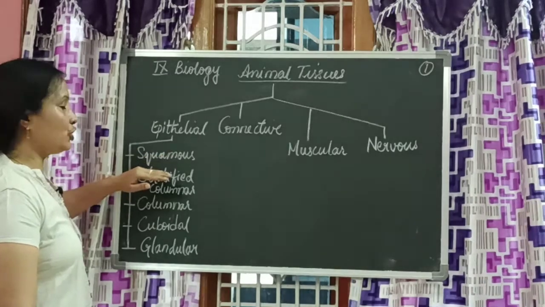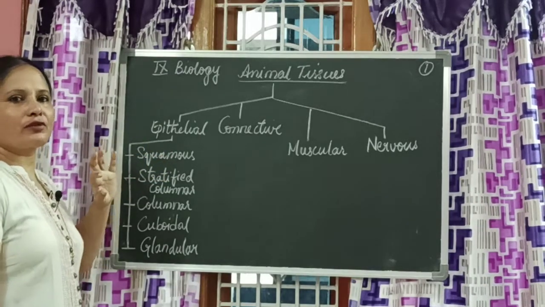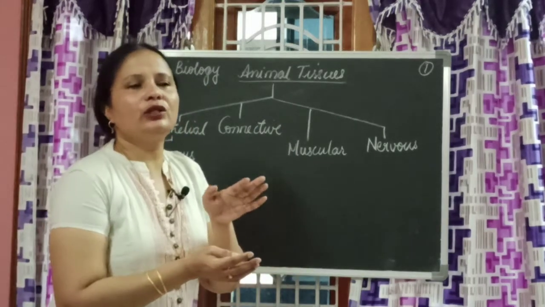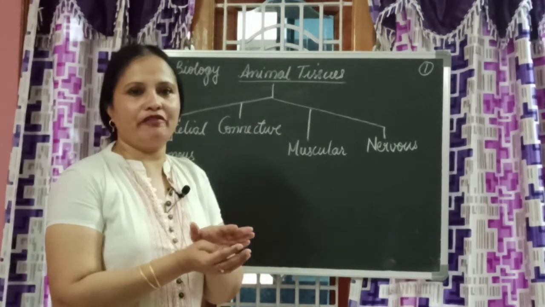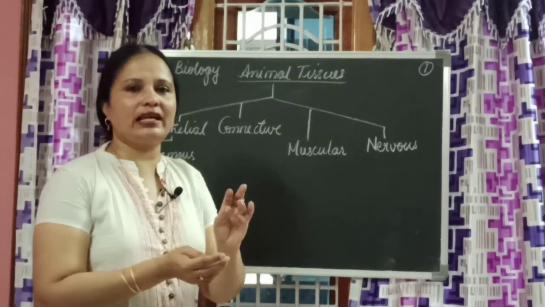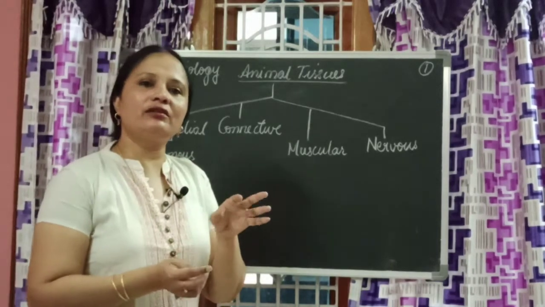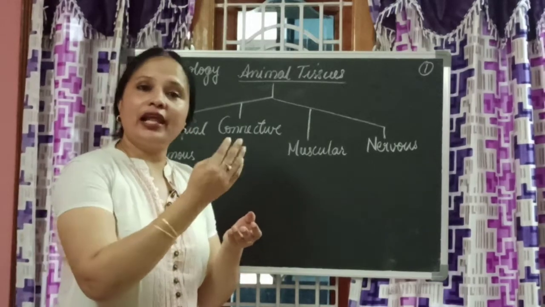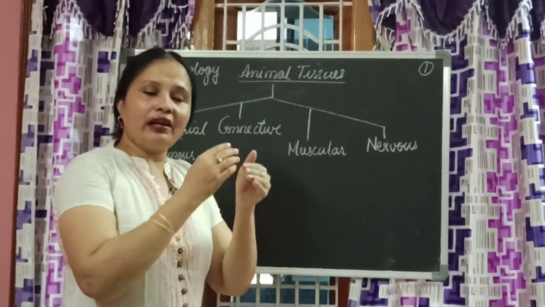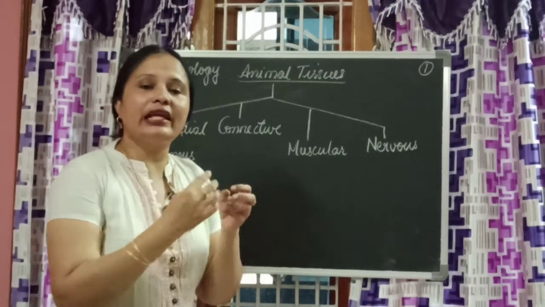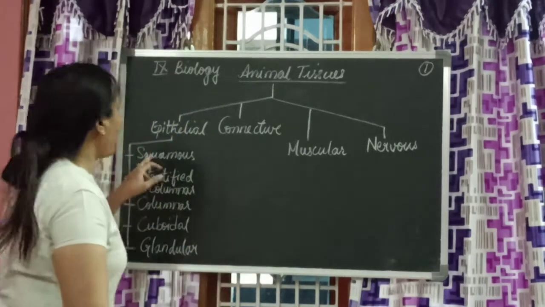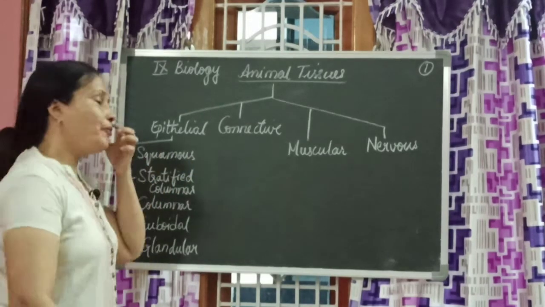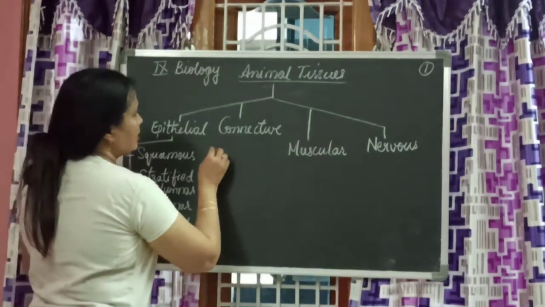Squamous epithelial tissue. Where do you find the squamous? Remember, they look like flat, very flat, pressed, delicate, and usually are seen on the lining of the lungs, lining of the alveoli, lining of the intestine. Every delicate lining of an organ, you see squamous epithelial tissue. And how are they? They are flat.